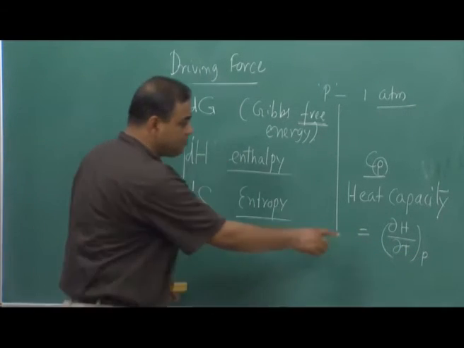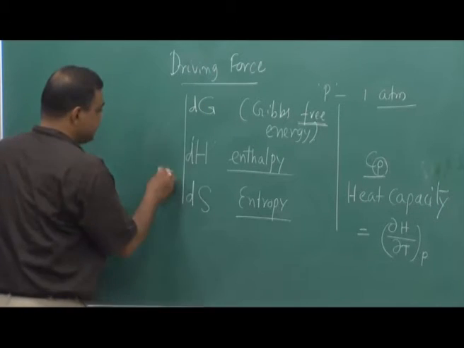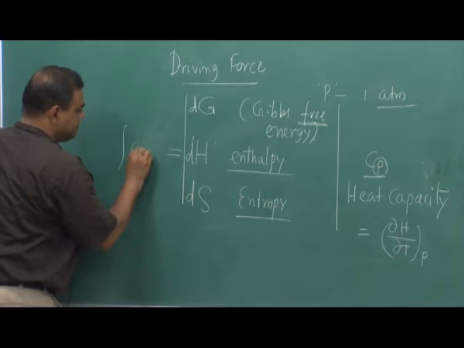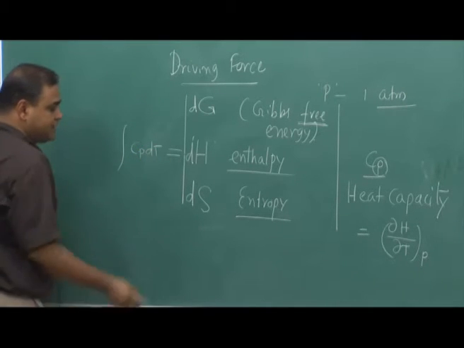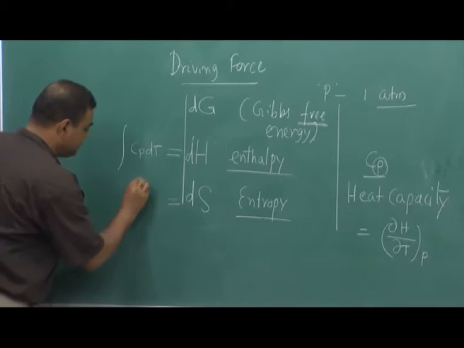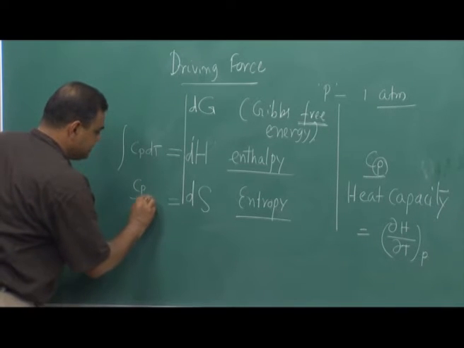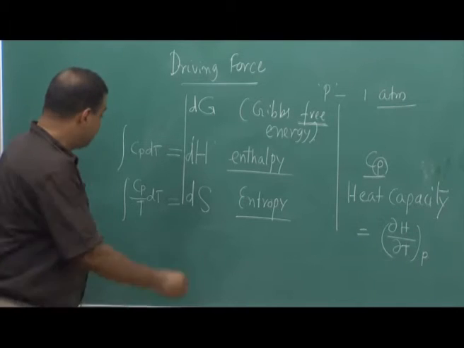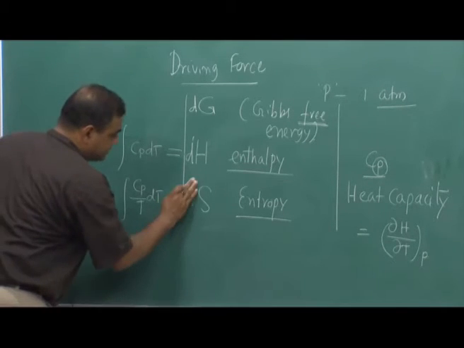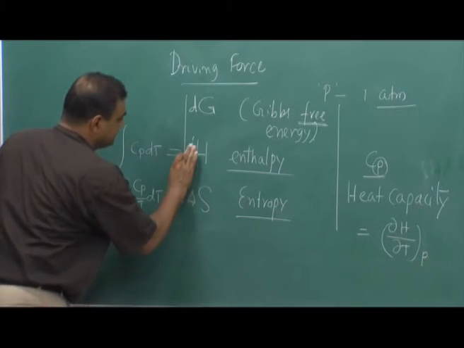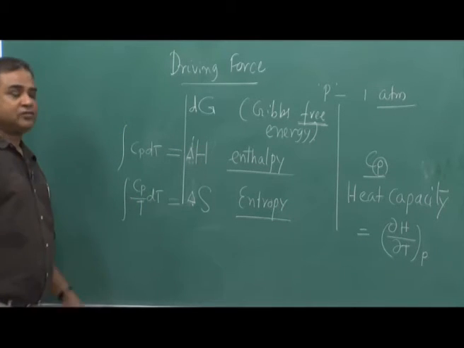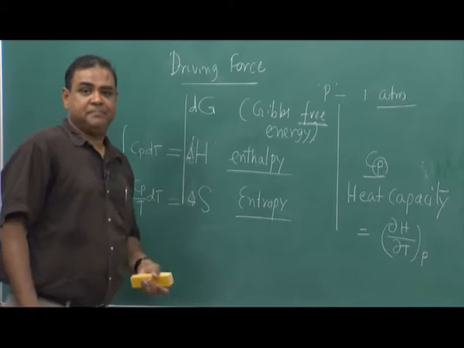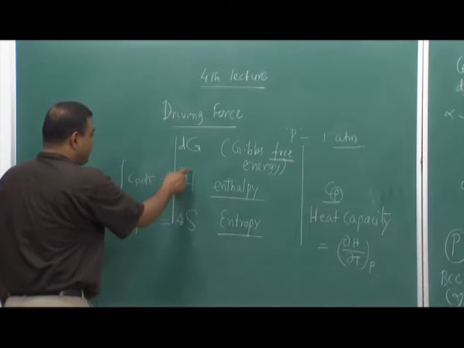So, from this relation we can find out Cp dT, and this we can find out as Cp T dT. Whenever we integrate, it is to be a finite quantity. Now, what is the relation?